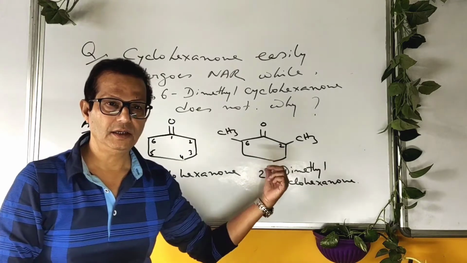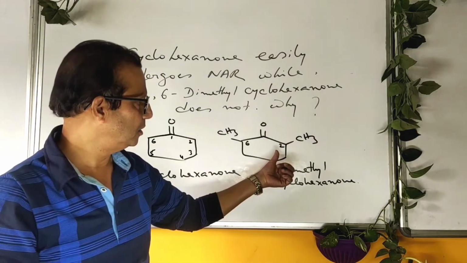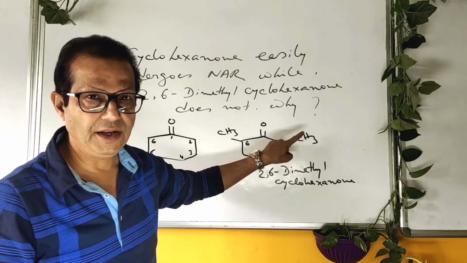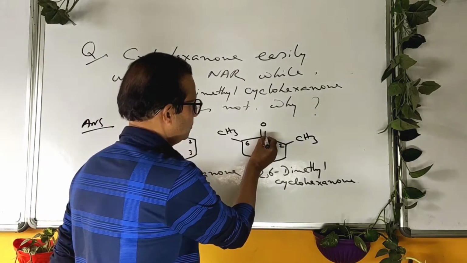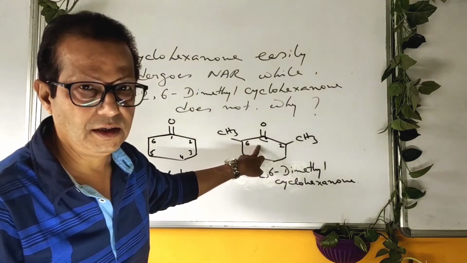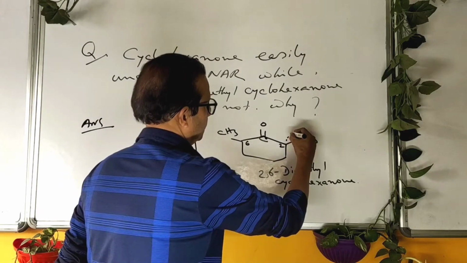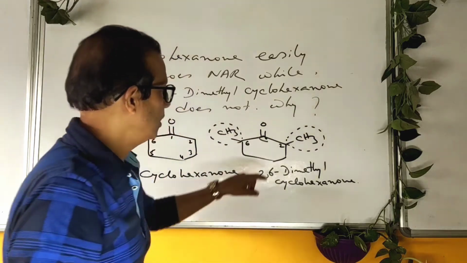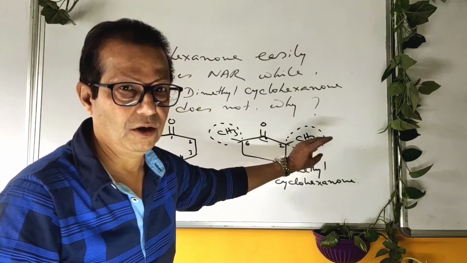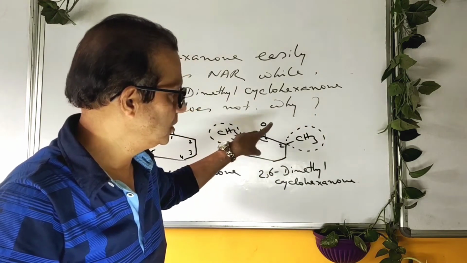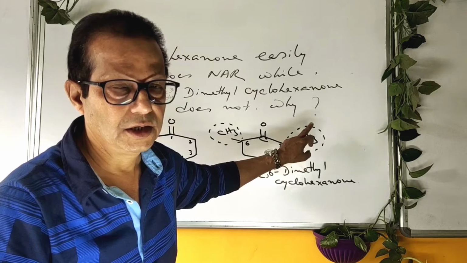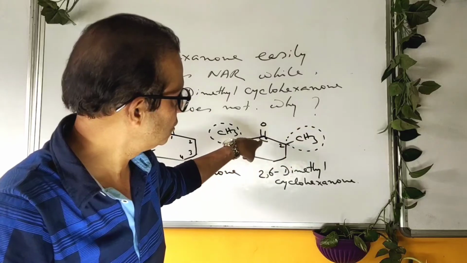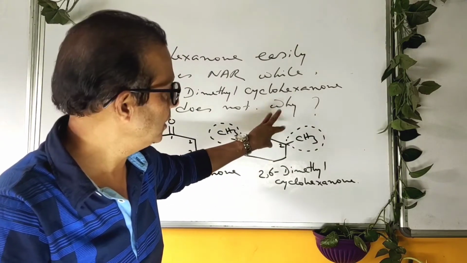Can you tell me the answer? Anyone? So, these 2 methyl groups are very close to the carbonyl carbon atom. Due to the bulky nature of 2 methyl groups, steric hindrance occurs. So the nucleophile cannot easily approach towards the carbon atom. That's why it is less reactive.